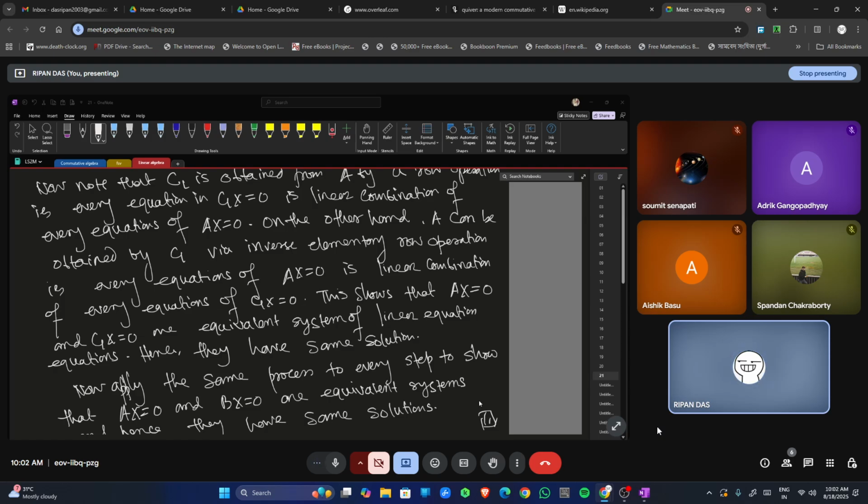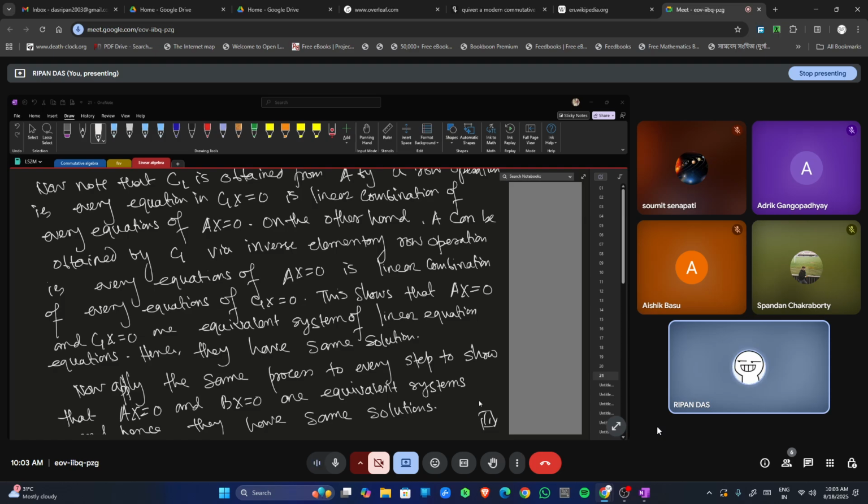Suppose you have applied an elementary row operation to A to get C1, then C2, then C3, and so on, and after some finite steps you get B. So basically we want to show that Ax equal to 0 and C1x are equivalent systems, C1x and C2x are equivalent systems, CRx and Bx are equivalent systems. So all the solutions are the same, and so Ax and Bx have the same solution.